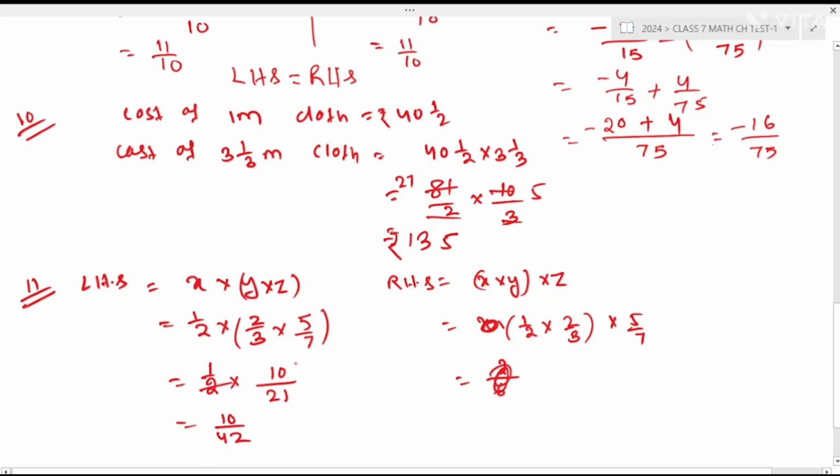Here we can also cancel 2 fives. So the answer is 5 by 21. Okay, so here the 2s cancel. The answer is 1 by 3 into 5 by 7. So 1 five is 5 divided by 3 sevens are 21. So therefore LHS is equal to RHS, and proved.